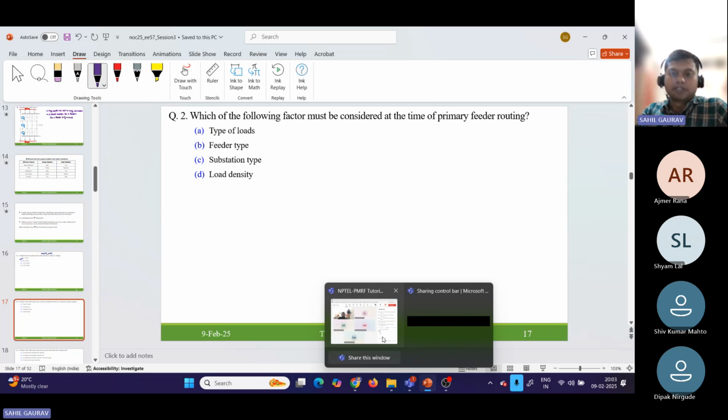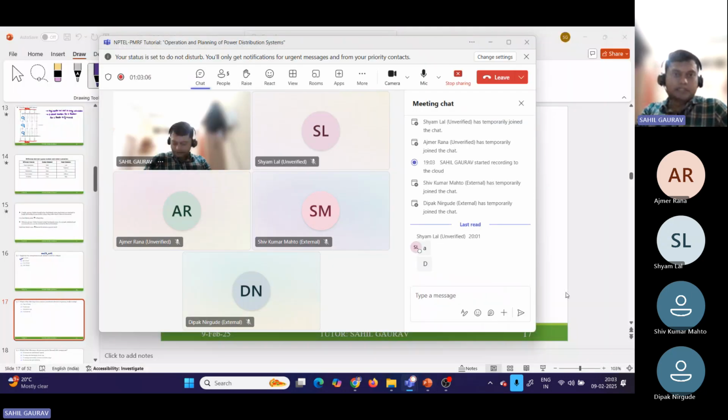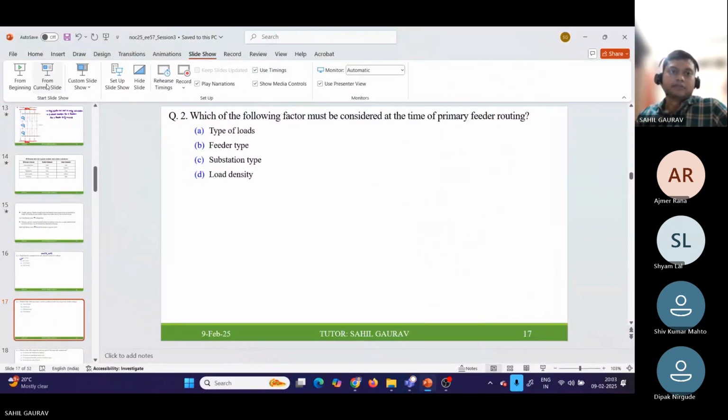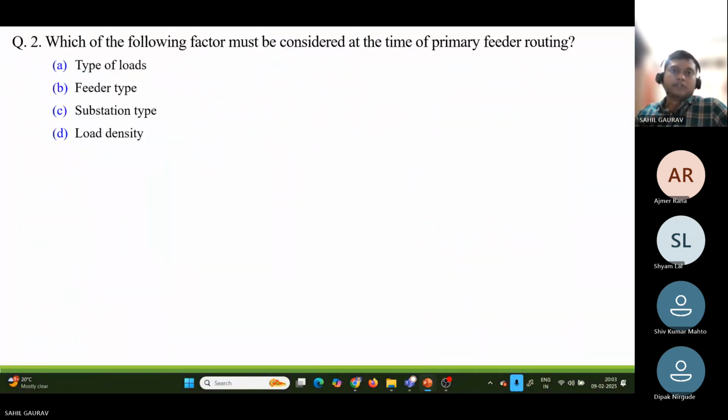Yes, I got one answer, D. Yes, correct, Syam. Load density is the correct answer. So the factor to be considered at the time of primary feeder routing is load density, not type of loads, not the feeder type, not the substation type.